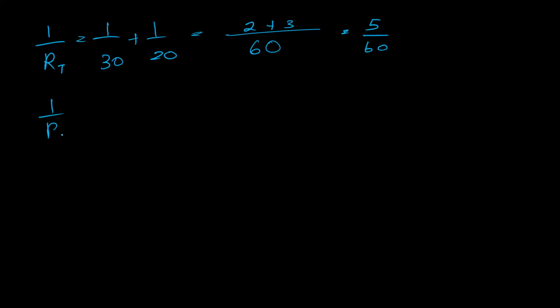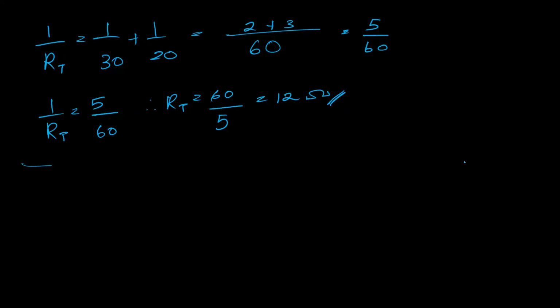That is, 1 over R total is equal to 5 over 60. Therefore, R total equals 60 over 5, which is 12 ohm. This is the R total value.